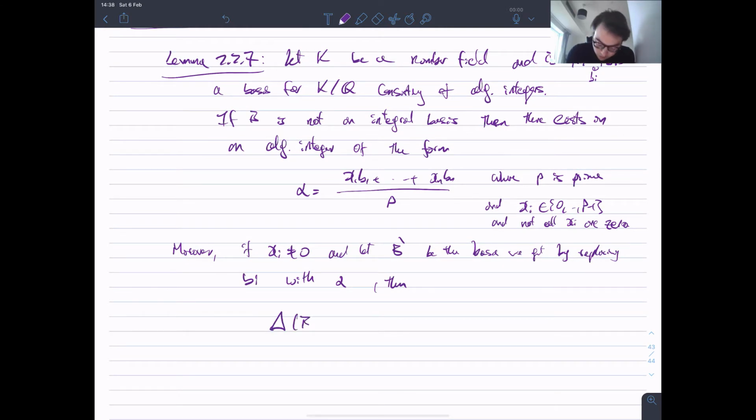The discriminant of your new basis is xi squared over p squared times the discriminant of your old basis.